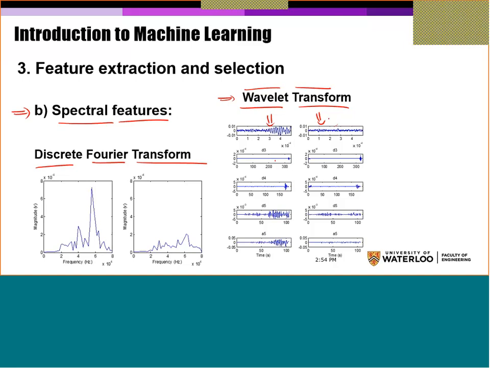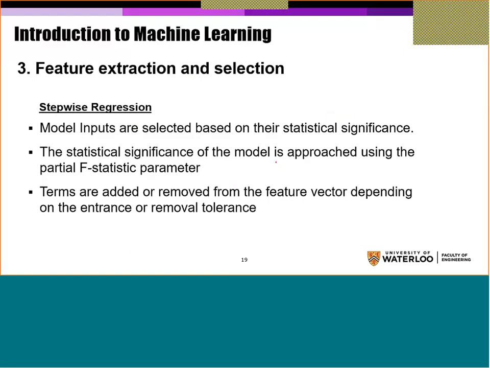So we extract more information from these bands. But as I mentioned, many times we end up with a very, very long feature vector, a lot of information. And this is what is known in machine learning as the curse of dimensionality.